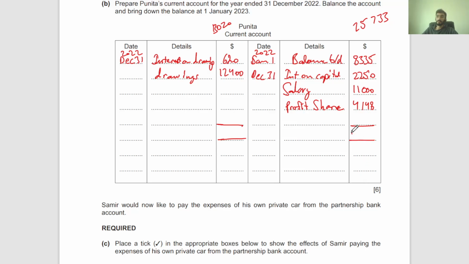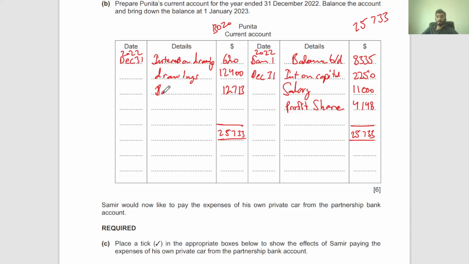25,733. The bigger amount goes on both the sides. The balancing figure goes on the debit side. So 25,733 minus 13,020, 12,713.